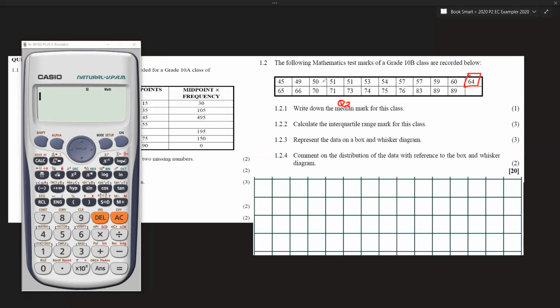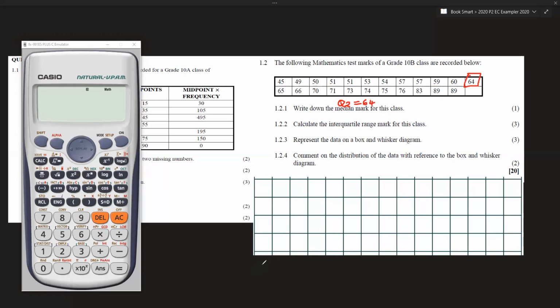So I have 1, 2, 3, 4, 5, 6, 7, 8, 9, 10, 11. Then that is 12. And from this side, let me count: 1, 2, 3, 4, 5, 6, 7, 8, 9, 10, 11. So my Q2, which is the median, will be 64. Do you see? It divides the data into 50-50. Perfect.